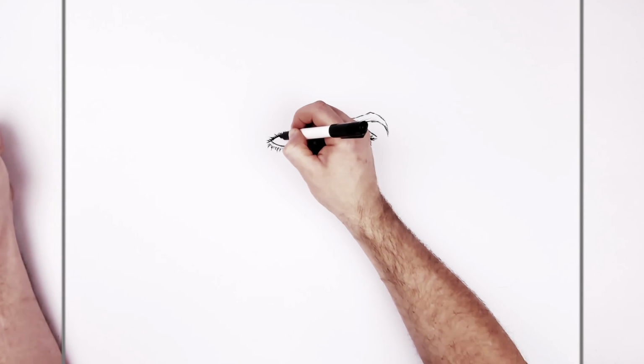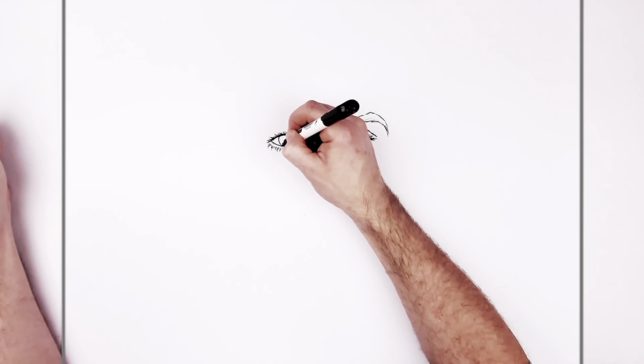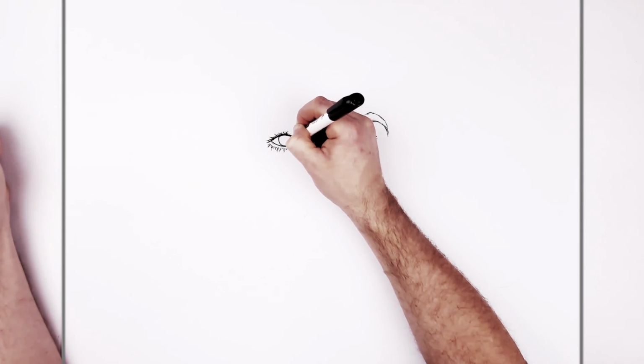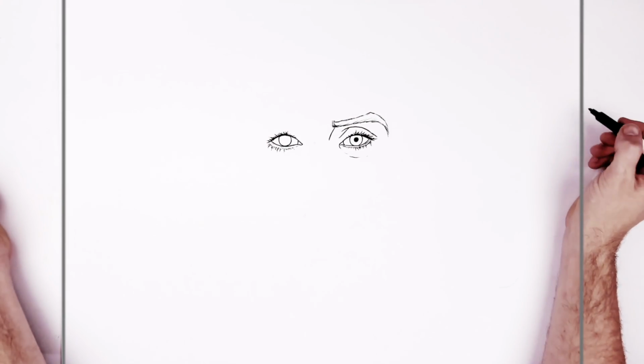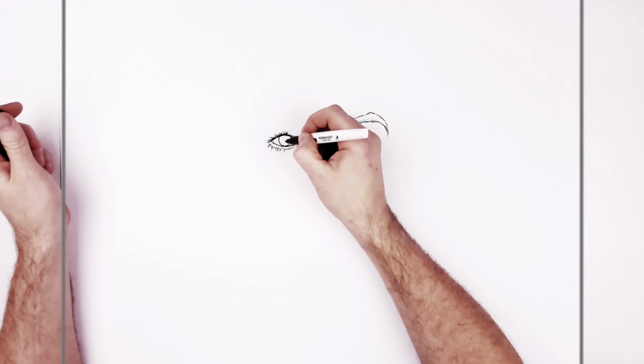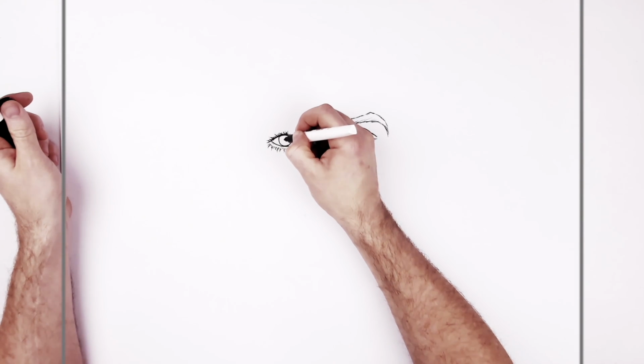Big circular iris comes down from the top eyelid, touches the bottom eyelid there. Trying to get them roughly the same. And then we put the pupil somewhere in the middle.